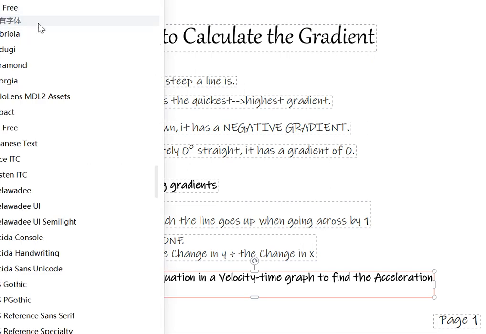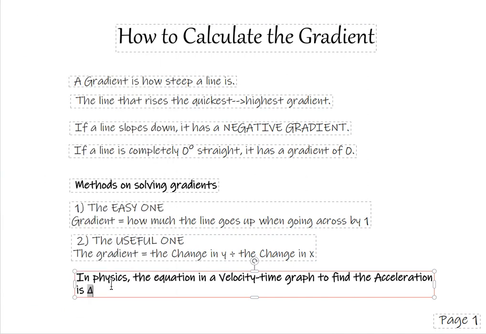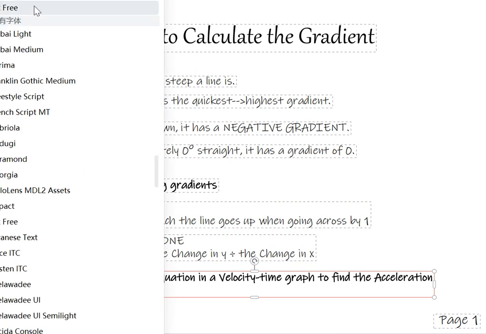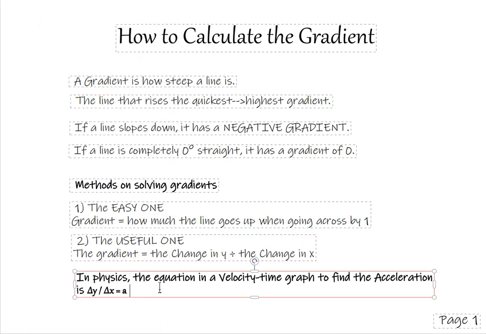And that is a, the acceleration. You just have to note that down for now. It's not really 100% important for now, but you can see that physics and math in this aspect are linked together.